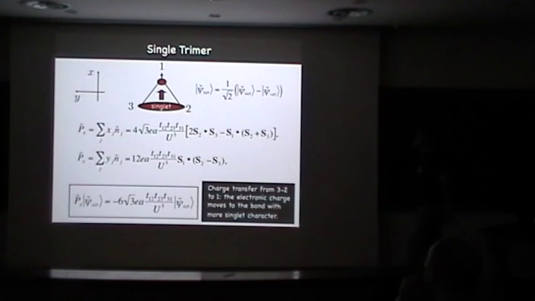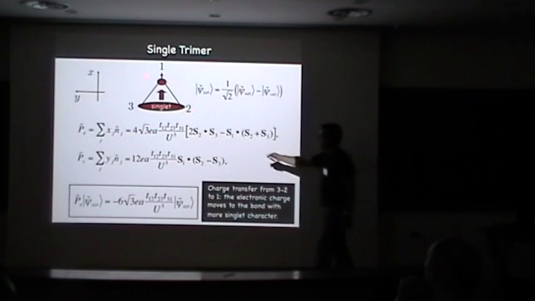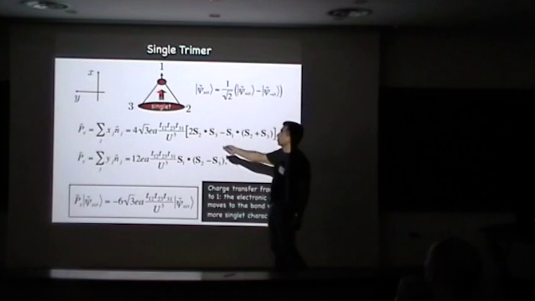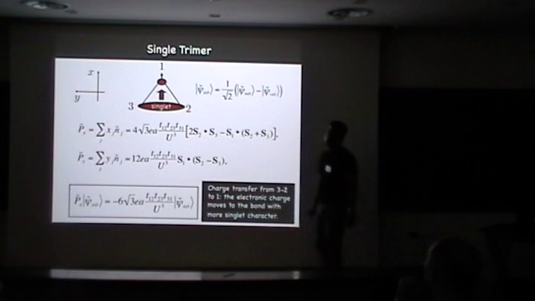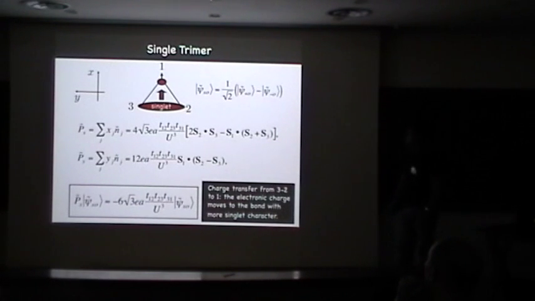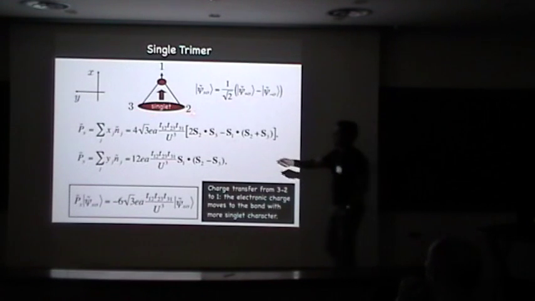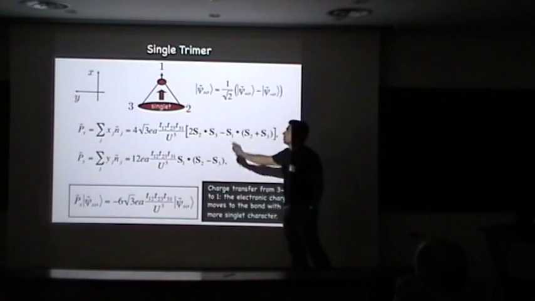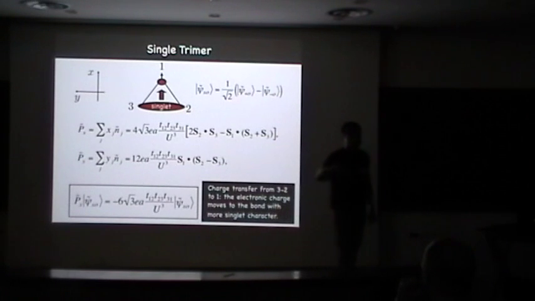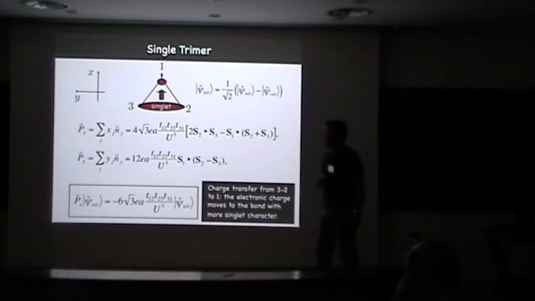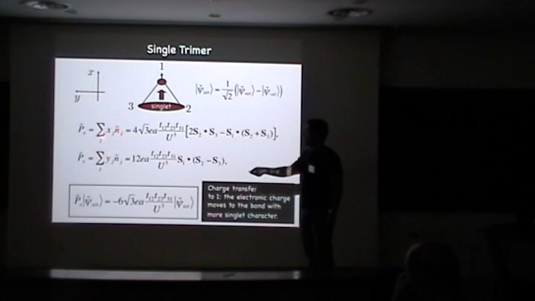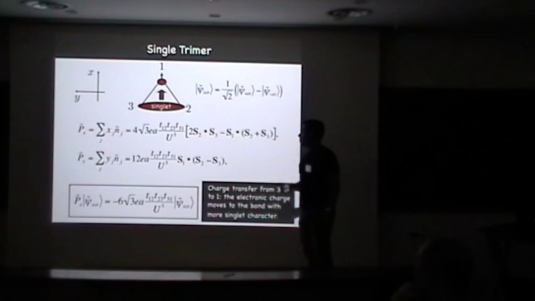And what we saw is basically that for this kind of state, there is a net electric dipole moment pointing along this vertical direction that, from this reference frame, is the x direction. And that happens basically because there is some electronic charge transfer from sites 2 and 3 to 1. Right? There is a fraction of an electron that goes from here to here. So finally, there are these two components of the polarization.